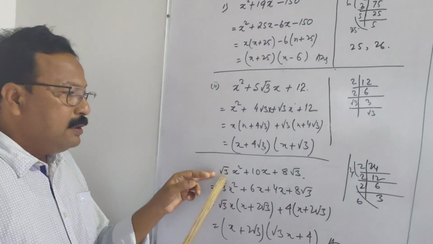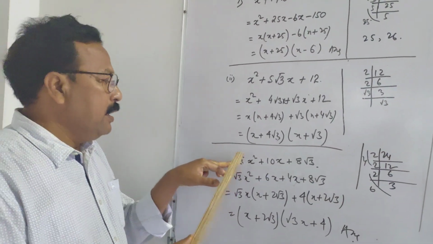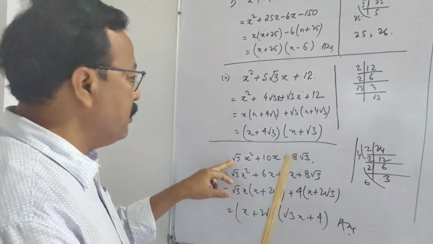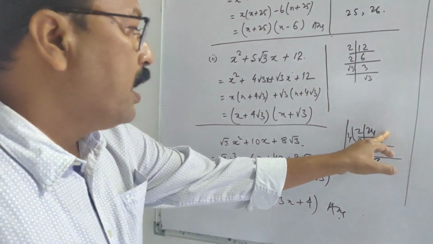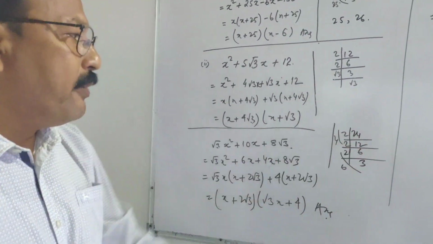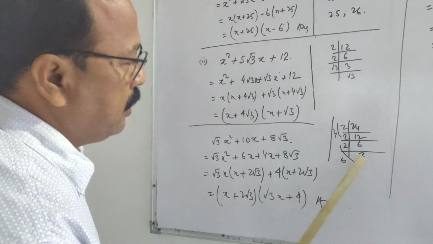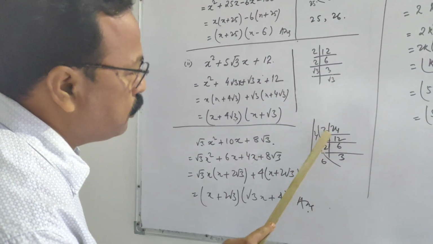Here is another type. Here the coefficient of x square is in irrational form and the constant term is also in irrational form. On multiplying these two, we will get 24, and on prime factorizing this 24, we have paired 2 and 3 as 6 and 2 2 as 4.